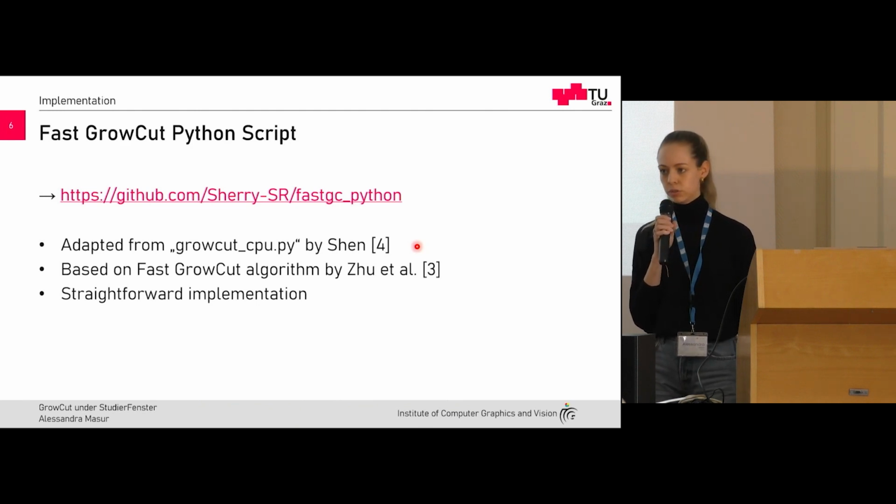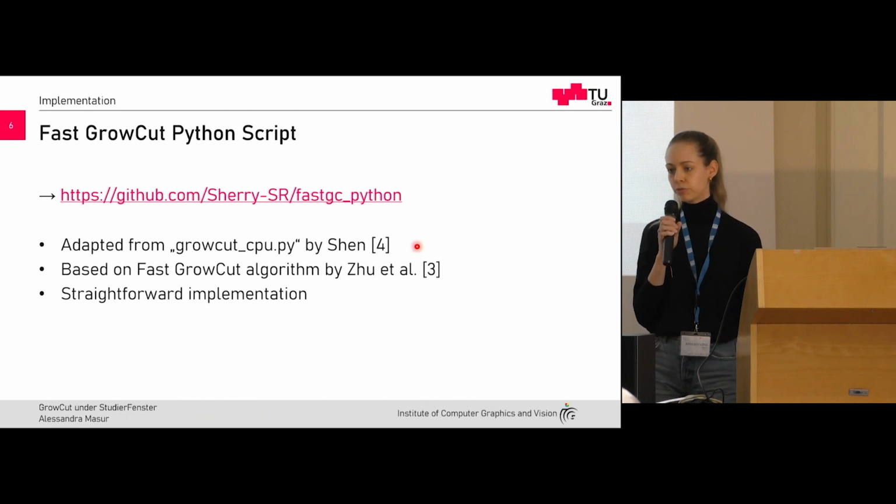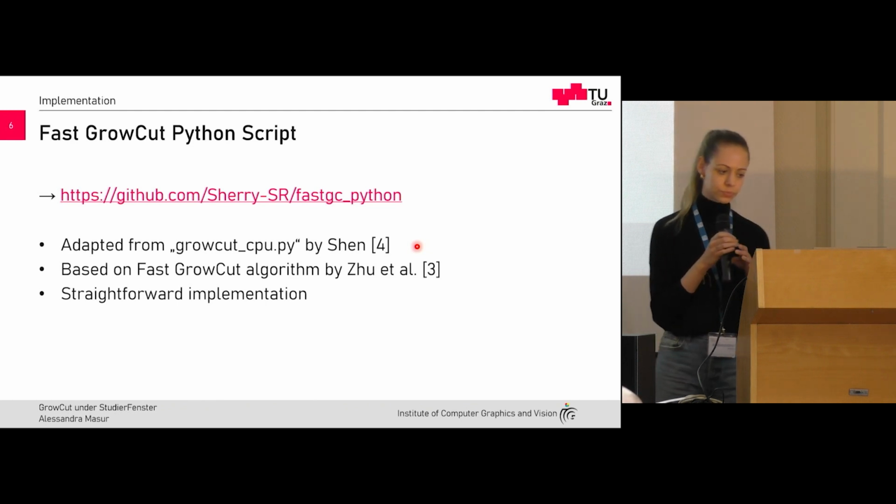This implementation is directly based on the original Fast GrowCut that was introduced, and I chose this implementation because it is very straightforward. It was already one single Python script, and therefore it was very easy to adapt it and include it into the already existing architecture.